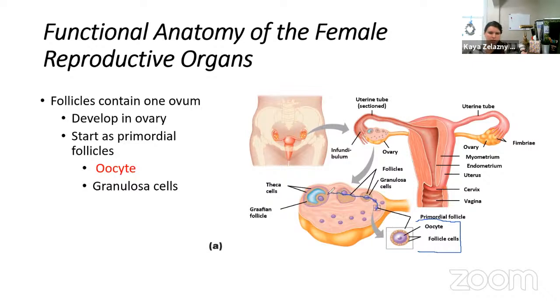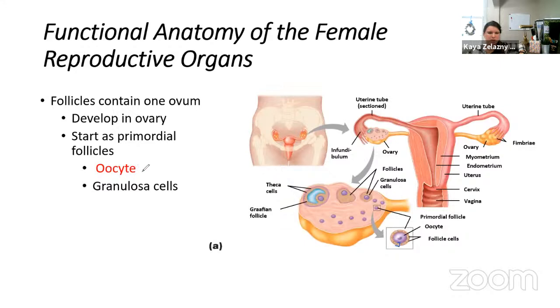Okay. So we're going to see that these follicles develop, and they develop some new structures as we lead towards ovulation. Usually we're going to talk about these two separate layers of cells, the oocyte versus these follicle cells on the outside.